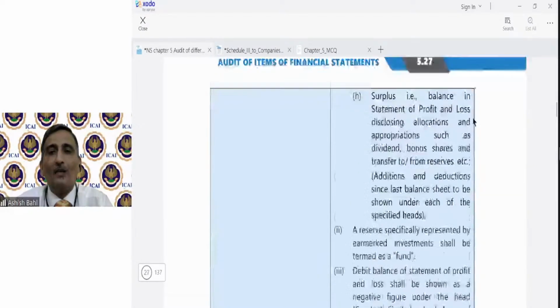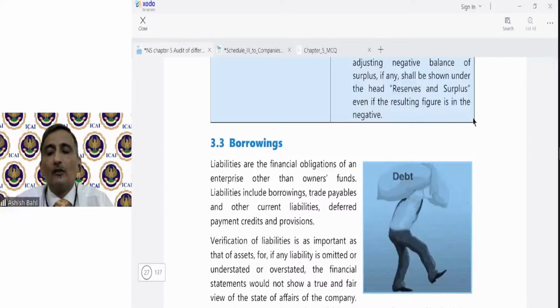So this is all about reserve and surplus. We have covered the major parts of this chapter, students. Today I have not taken any break of even a single minute, guys. As far as your queries are concerned, we shall be taking them up in the next lecture on Wednesday. I'll be saving all these queries.